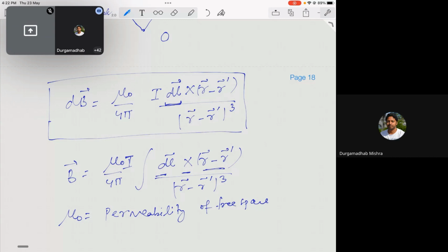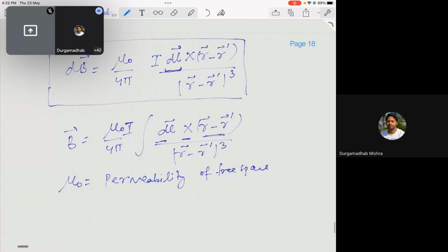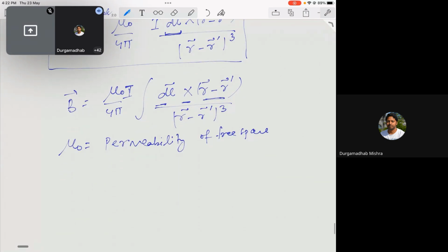Now, we can use this expression and calculate familiar mathematical quantities. For example, can we find out what is del dot B? Just calculate del dot B for this B as defined here.